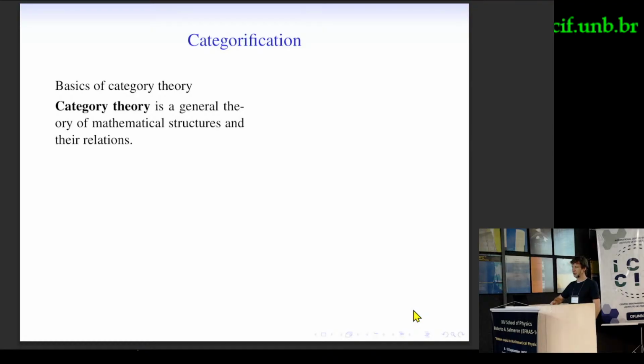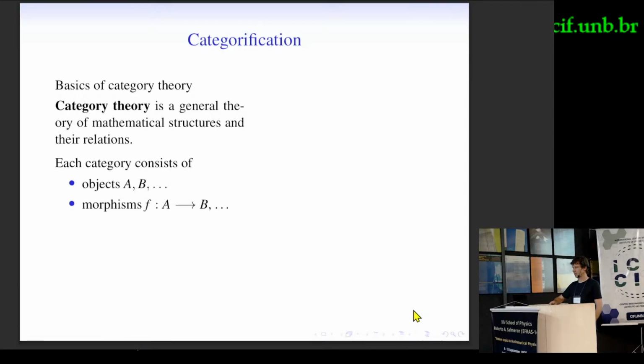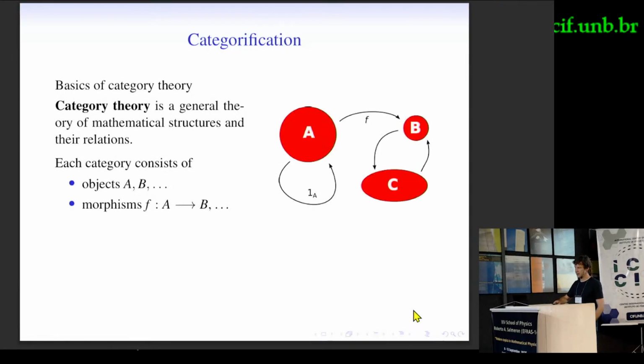Here I will give some examples of the kinds of structures that will appear in topological quantum field theories. But in principle, every category consists of objects, A, B, and C in this diagram, and a set of arrows between objects, which are called morphisms.